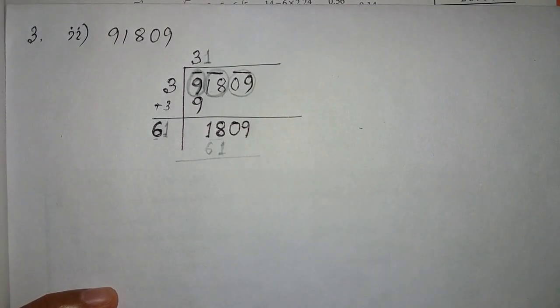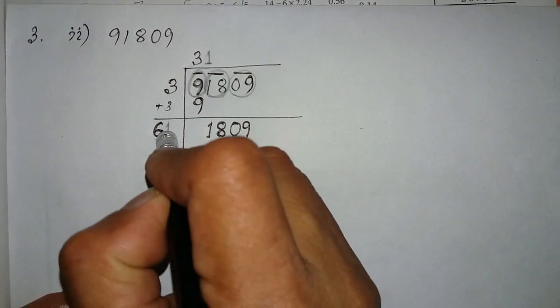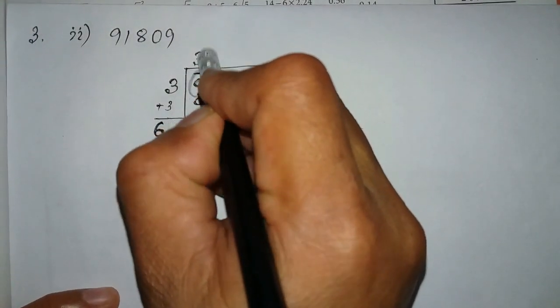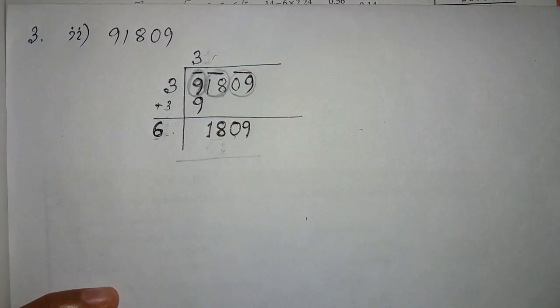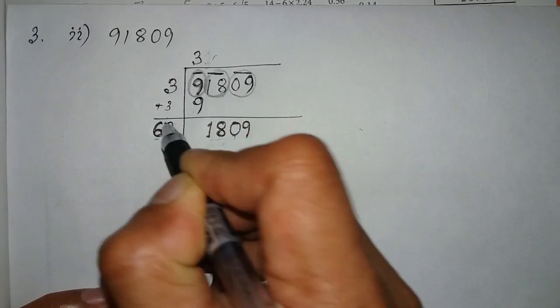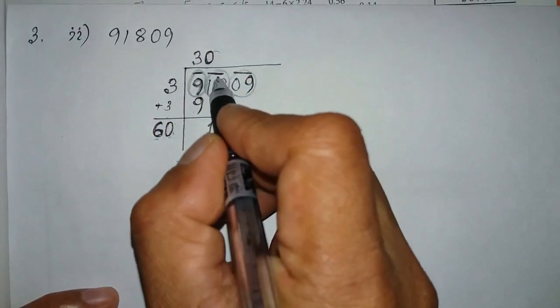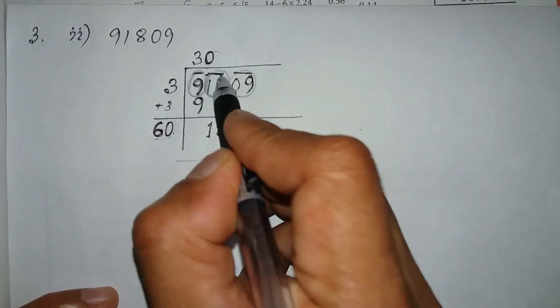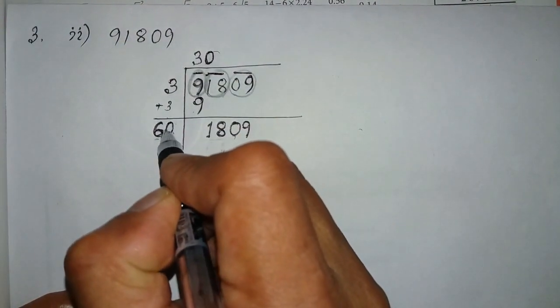So what we have done here is we have taken down 2 bars at a time, that is 1, 8 and 0, 9 at a time. So for that you have to write here 0. Since you have taken down the digits in 2 bars at a time, 18 and 0, 9, you have to write here 0, here also 0.